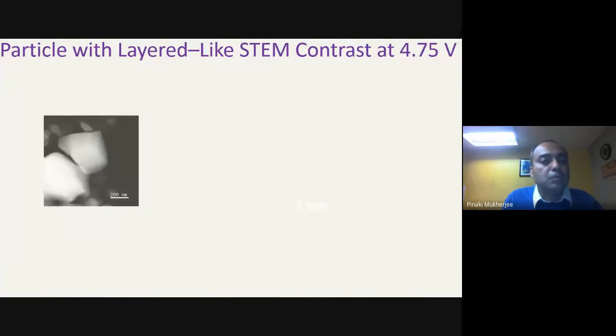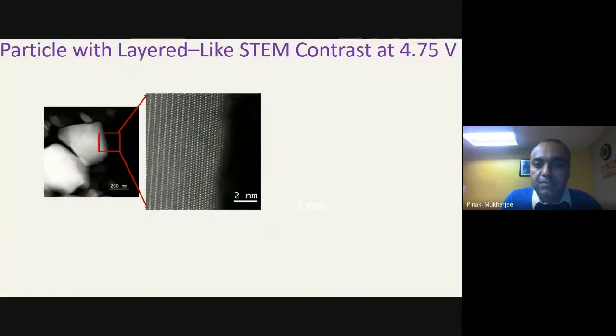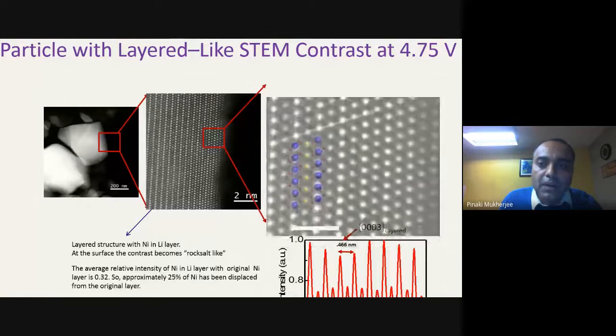So what we found out is that there are two types of phases occurring at the surface of these lithium-ion battery cathodes. One is layered, with nickel moving into the lithium layer.